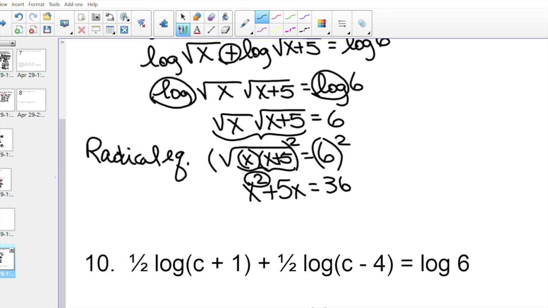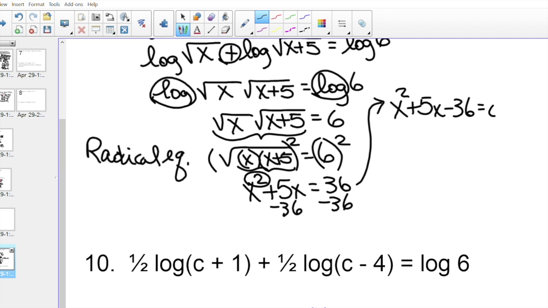And a quadratic equation says it must equal 0. So we have x squared plus 5x minus 36 equals 0. Factor, simple, or trial and error? I hope you said simple. What are some factors of 36? Let's subtract to give you 5.